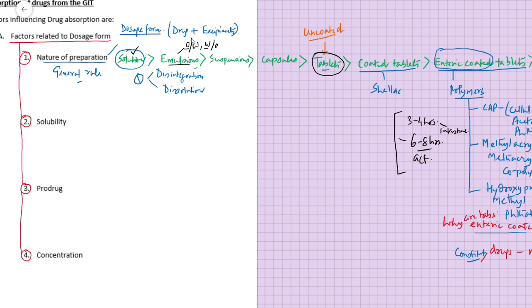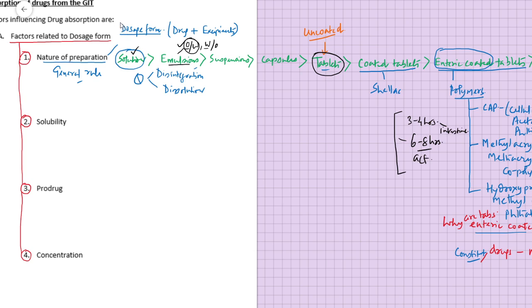Usually oil in water emulsions are the ones administered to patients, containing highly lipophilic drugs. As previously mentioned, they release the drug slowly into the GIT, so absorption would be rather slow. So that's the nature of preparation.